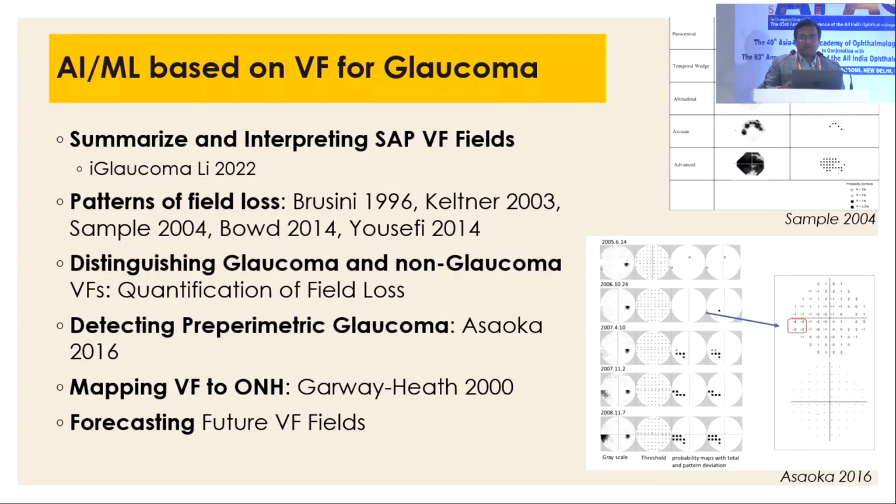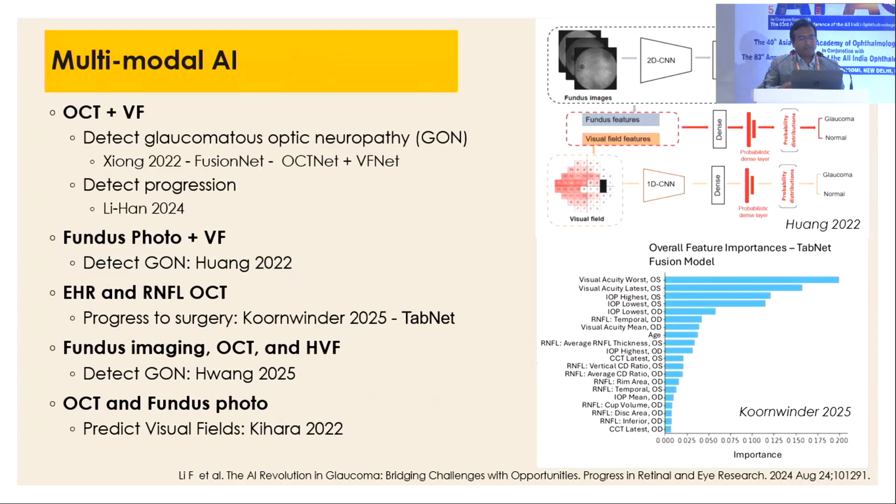Visual fields, we are all aware, are functional evidence of glaucoma, and within this domain, AI has been used to summarize the visual field reports. One example is the Eye Glaucoma application, to identify patterns of field loss in glaucoma, to distinguish glaucoma from non-glaucomatous field losses, and very interestingly, detecting pre-perimetric glaucoma using central 10-degree field data or campimetry data has also been attempted.